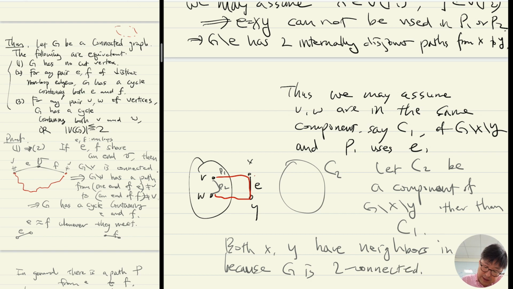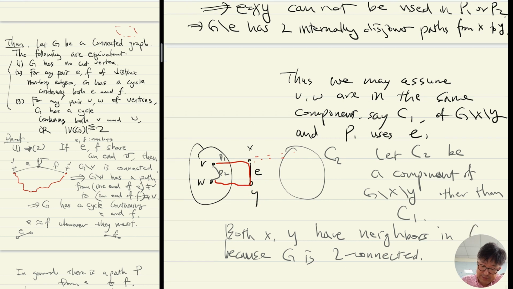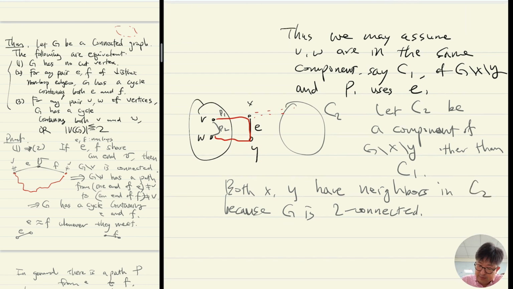Because if x doesn't have neighbors in C2, then y will be a cut vertex. Now since C2 is a component, it is connected, so there's a path. So I can find a path from x to y using vertices from C2.